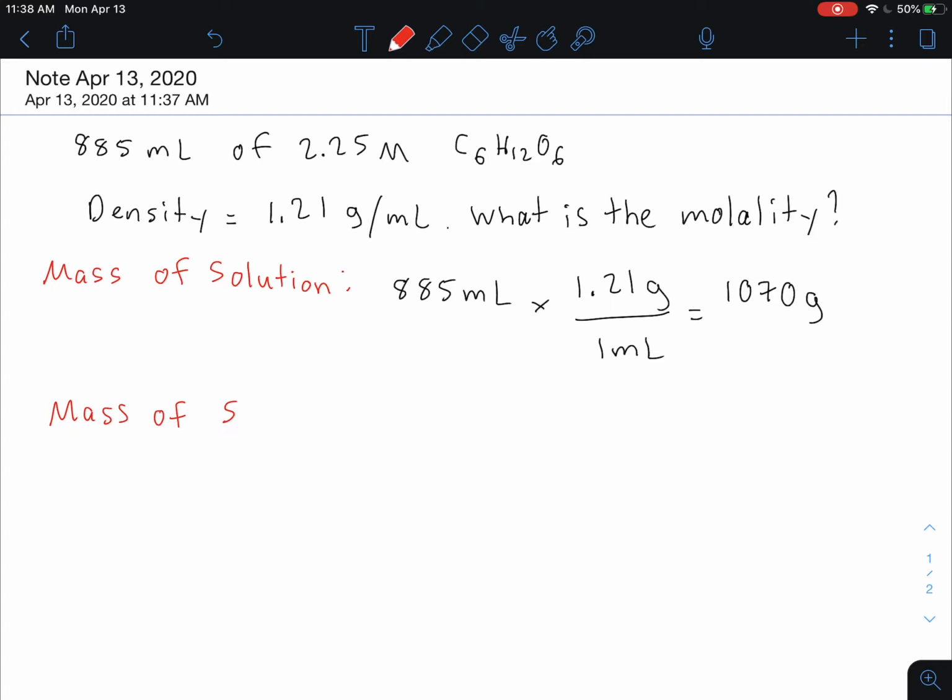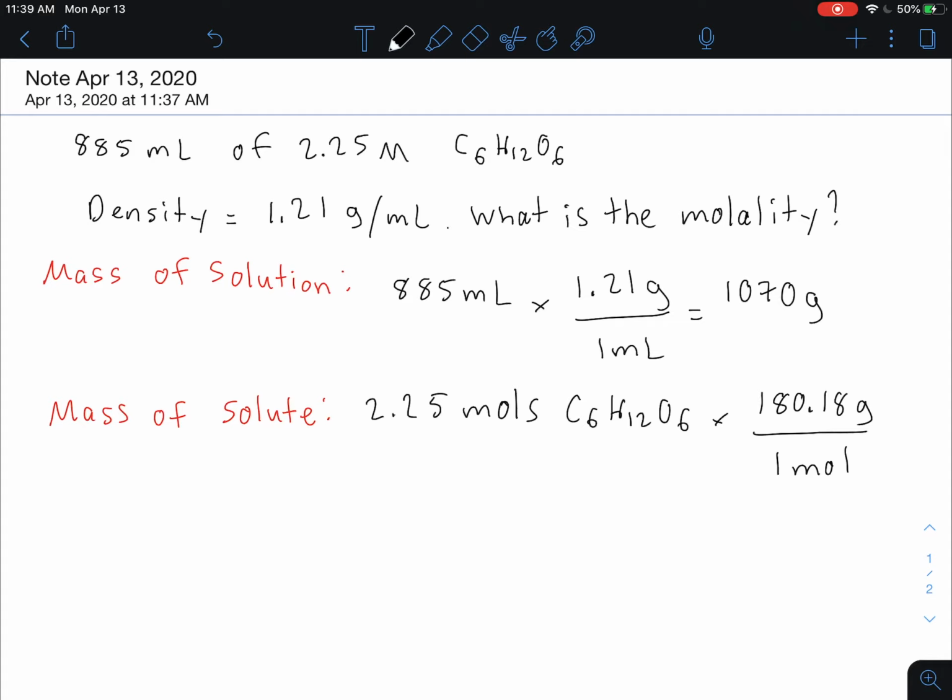Okay, then we want to know the mass of the solute, and that's going to be 2.25 moles C6H12O6, and if I figure that out, it's 180.18 grams per 1 mole. That's the molar mass if I calculate it for C6H12O6. 3 significant figures there, I get 405 grams.